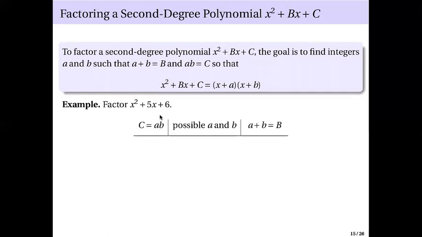If you have that capital C, you will have possible values of A and B. Once you have those possible values, check if the sum is equal to B. So C is just 6. One set of factors of 6 is 1 and 6. 1 times 6 is 6. But as you can see, 1 plus 6 is not equal to 5.